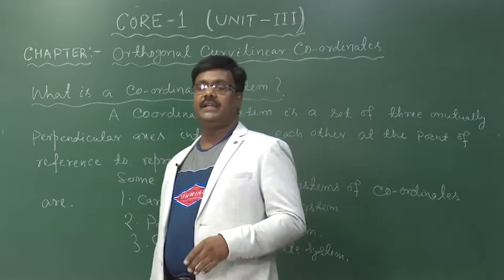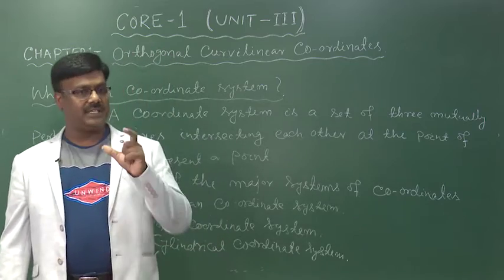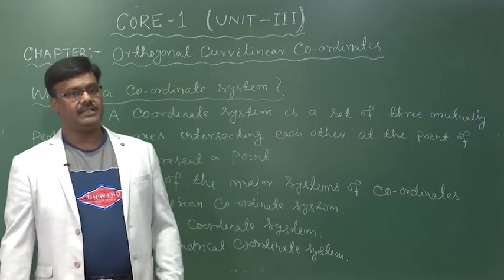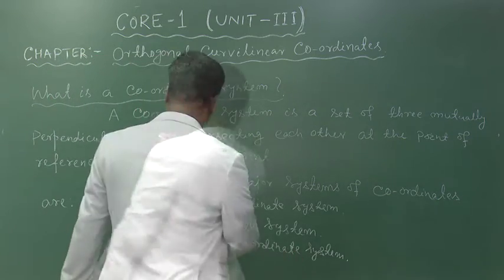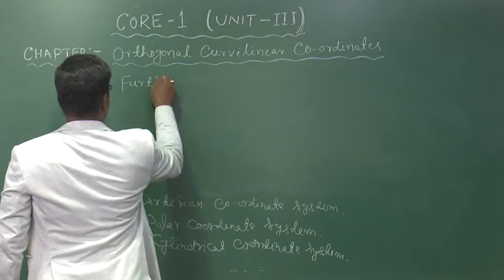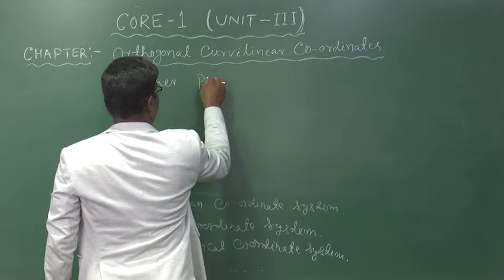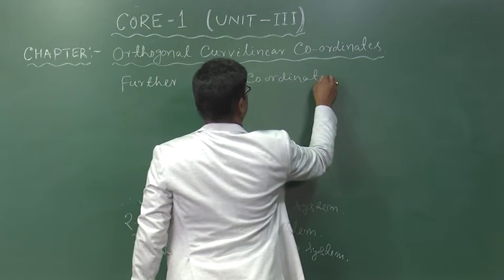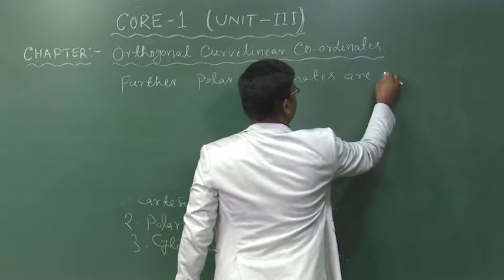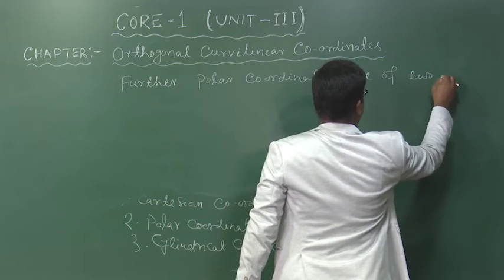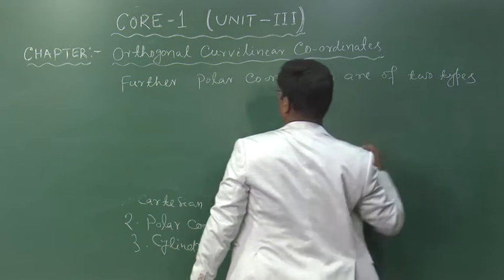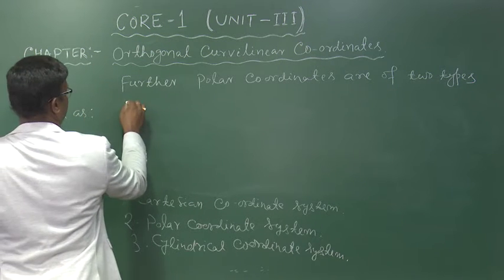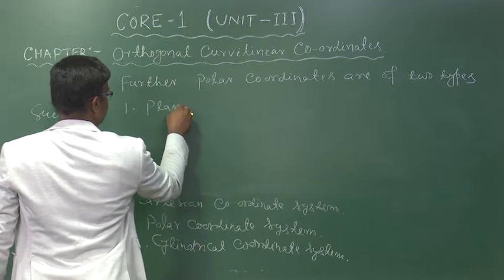In plane polar, it is two dimensional, that means it has two coordinates, and in spherical polar, it is three dimensional, that means it has three coordinates.